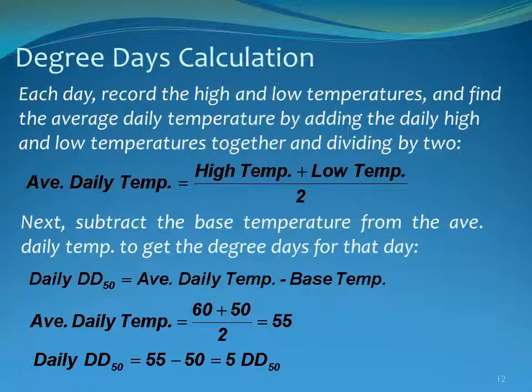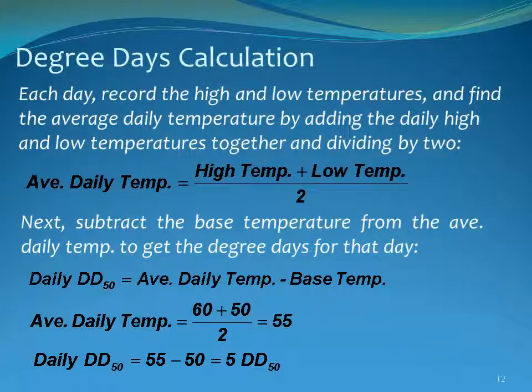So to calculate that, if we use an example, say the high temperature was 60 and the low was 50, you add them together, and then you divide by 2. That's how you get your average daily temperature. So that 60 would be the high temperature and the 50 would be the low temperature for the day, and then you divide it by 2 and you get 55.